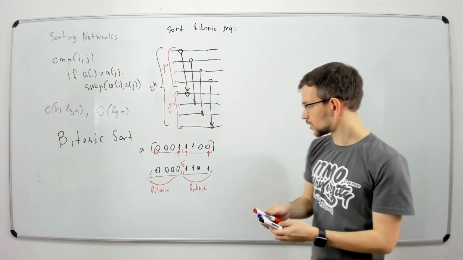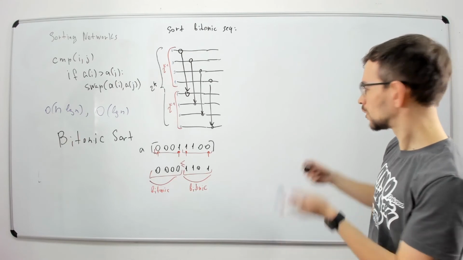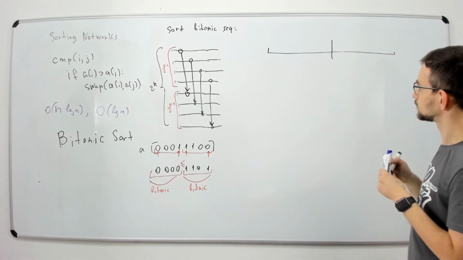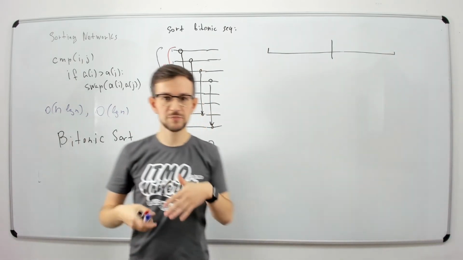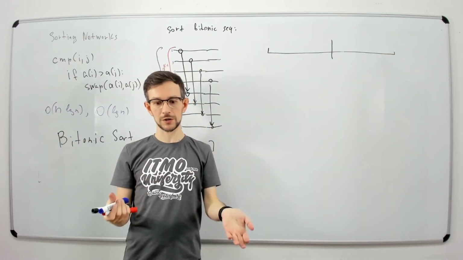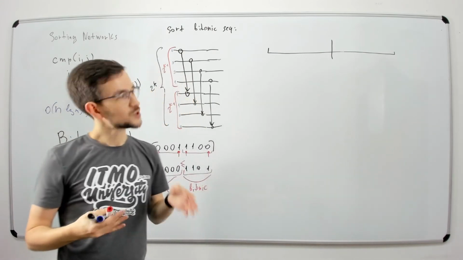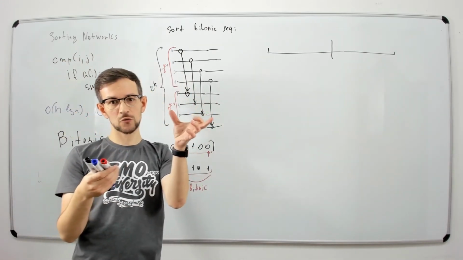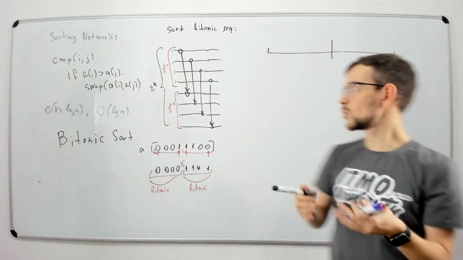Well, let's prove this. Again, we have some array, and we split it into two parts. This array is Bitonic, made of zeros and ones, so it is some array of zeros with some segment of ones. Let's look at where the segment of ones is.